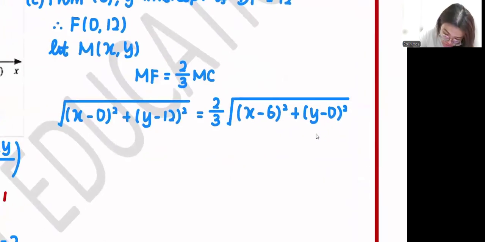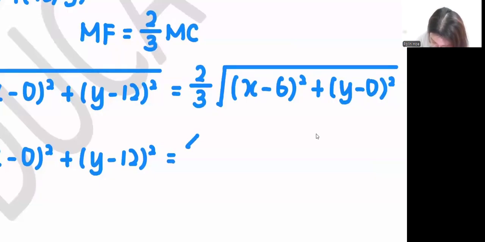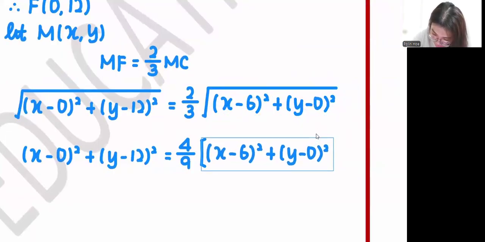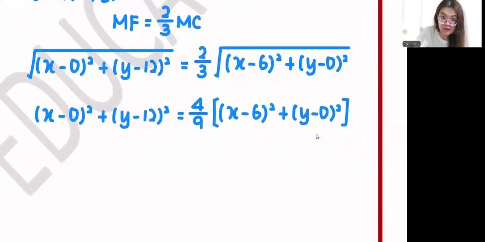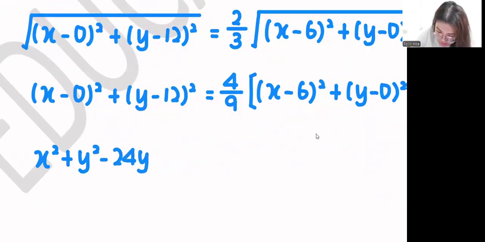So this part will be equals to 4 over 9. This is your algebra. 它是 algebra, 你怎样 solve 我都无所谓。X square plus y square minus 24y plus 144 equals to 4 over 9.